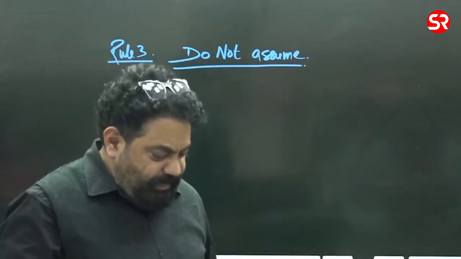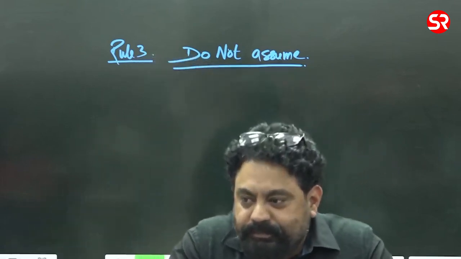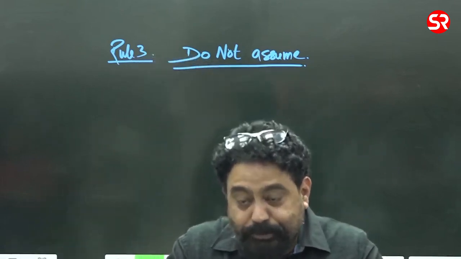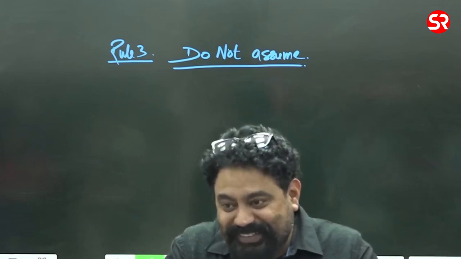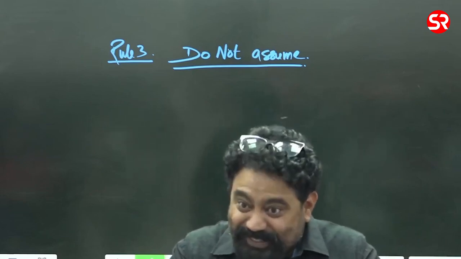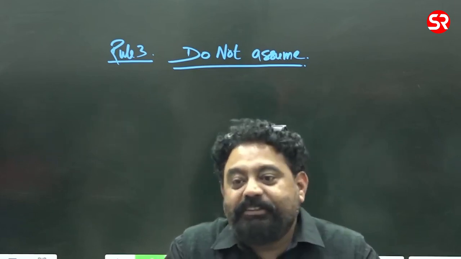Otherwise also guys, frankly, these are all life rules. Answers have to be unique, right? Everyone can give a different answer, and different answers can also be right. Third, do not assume in DS as well as in life.